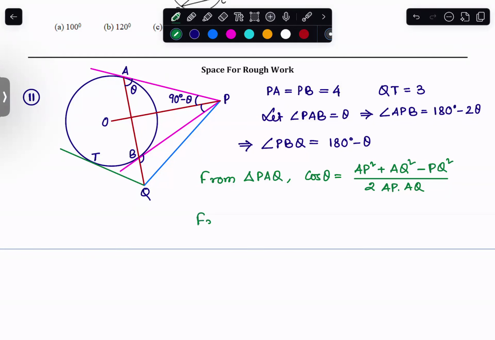Whereas from triangle PBQ, it is cos 180 degree minus theta.